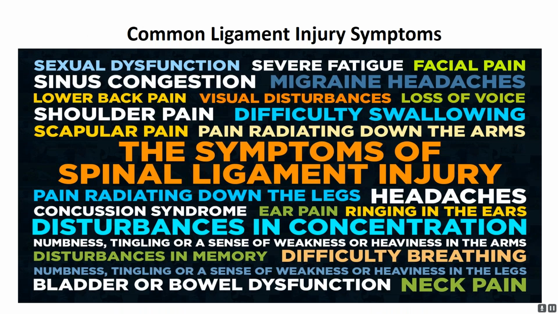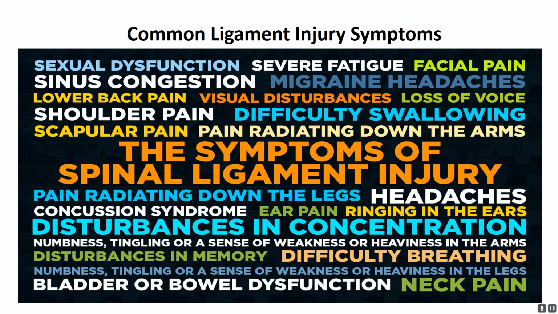Now I want you to look at this slide real carefully. These are the common ligament symptoms. If I go out to Medscape today, these are the symptoms that the whole world is saying can be resultant from ligament injuries. Obviously, when we get into migraine headaches, shoulder pain, neck pain, low back pain, these are so common.